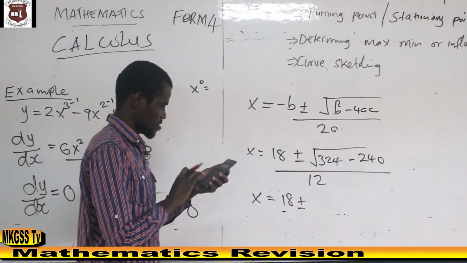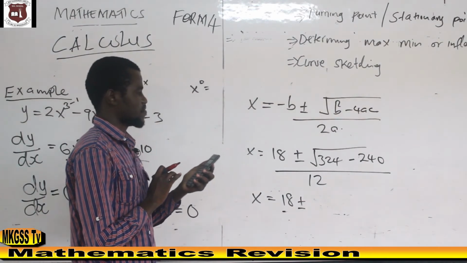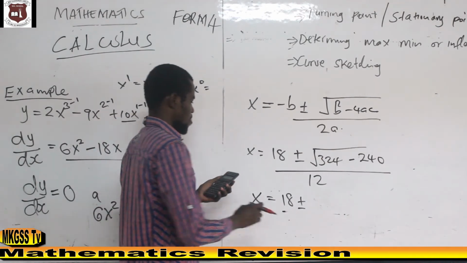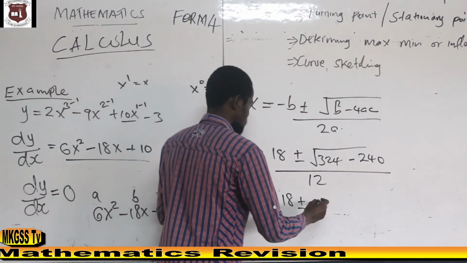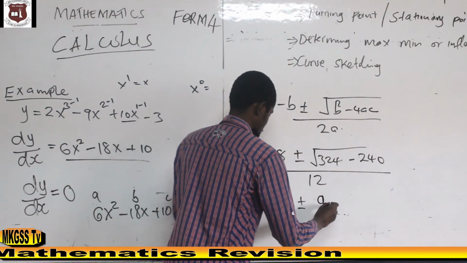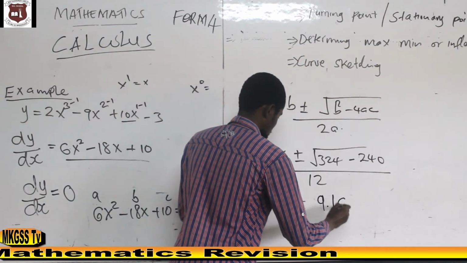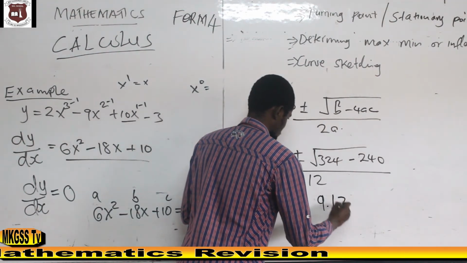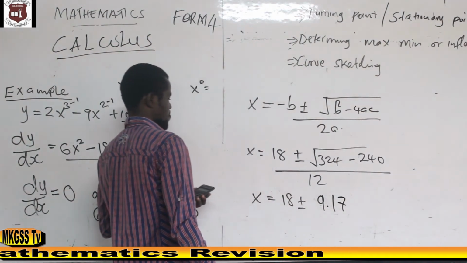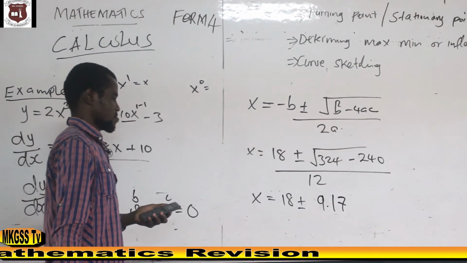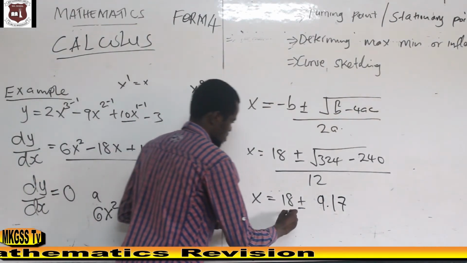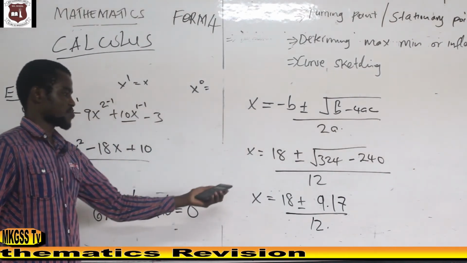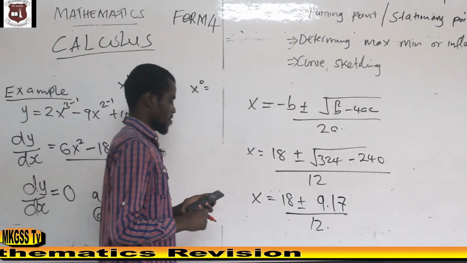That is 324 minus 240, which gives you 84. Then you get the square root of 84, which is actually 9.16. Let me just round off, say 9.17. Then it is all over 12. So as you can see, we are getting two values of x.